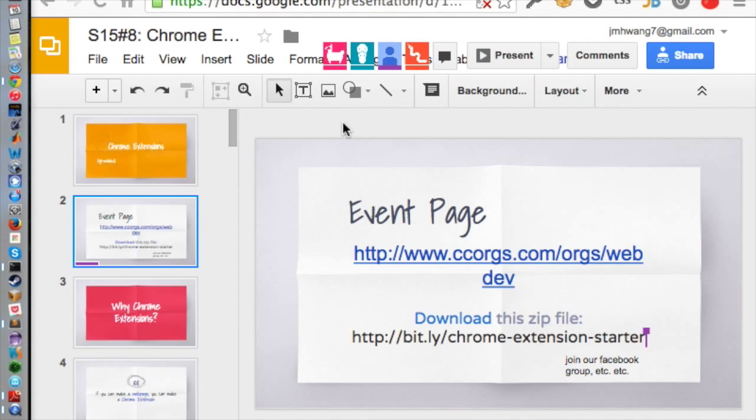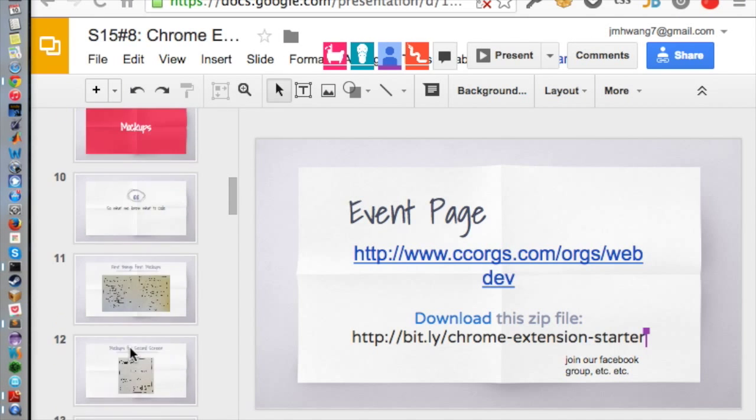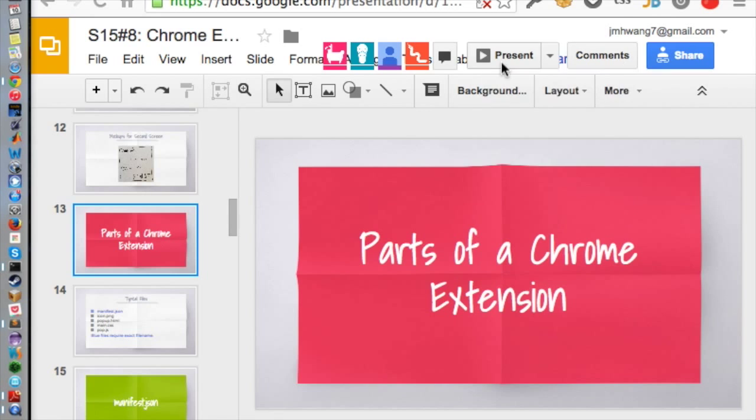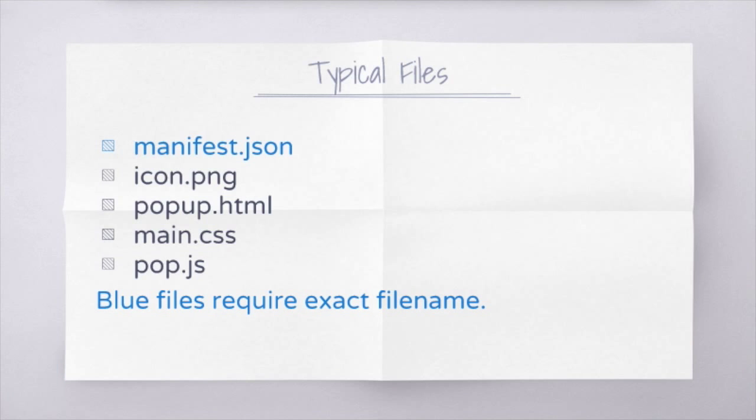So, the parts of a Chrome extension. It's pretty easy. It's just one file called the manifest.json file. This has to be named exactly this way, and what it does is tell Chrome what your extension does and what permissions you need. If you need access to the current tab that the user is on, then Chrome needs to know that, and your user needs to know that before they download it from the extension store.